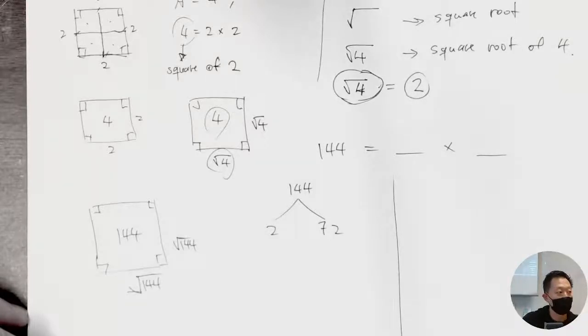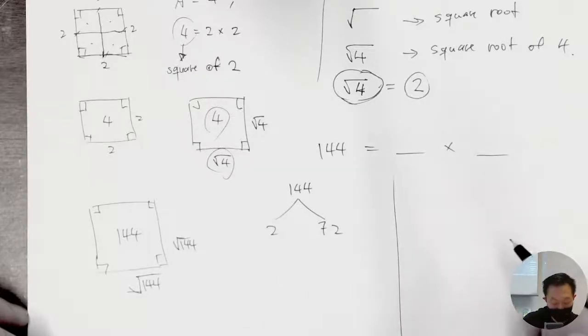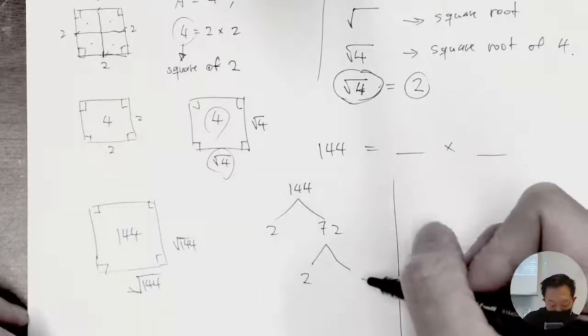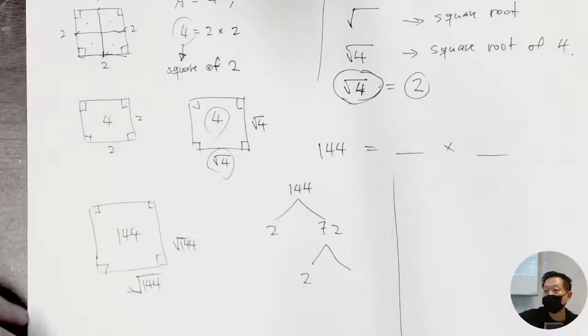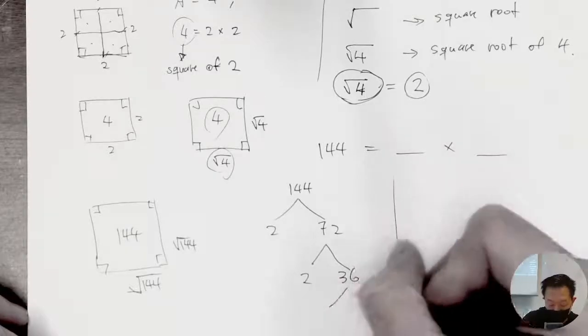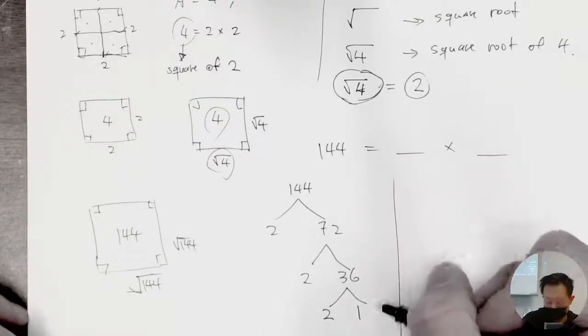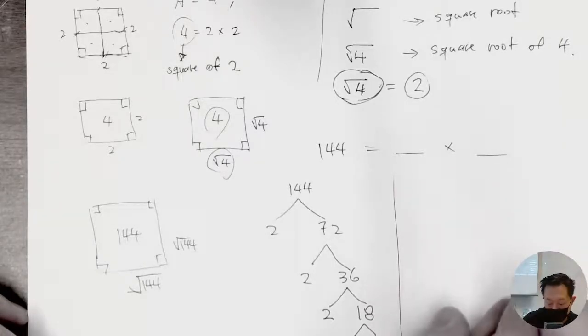Did you learn it this way? Okay, so 2 times 72 is 144. And 72 is 2 times what? 36. And 36 is 2 times 18, yes? And 18 is 2 times 9, and 9 is 3 times 3.